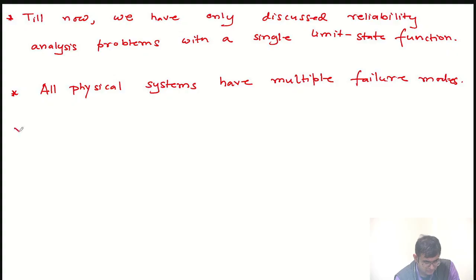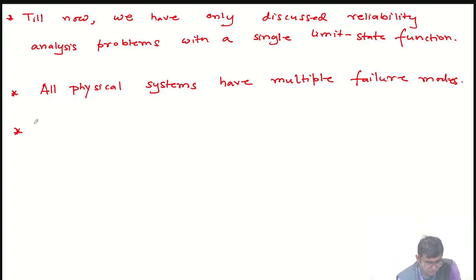Now, this multiple failure mode can also become multiple component level failure, and we will come to all of those things. Right now the definition I am giving is based on this motivation that we have multiple failure modes, but you will see soon that multiple failure modes can mean different things, and we'll talk about it.